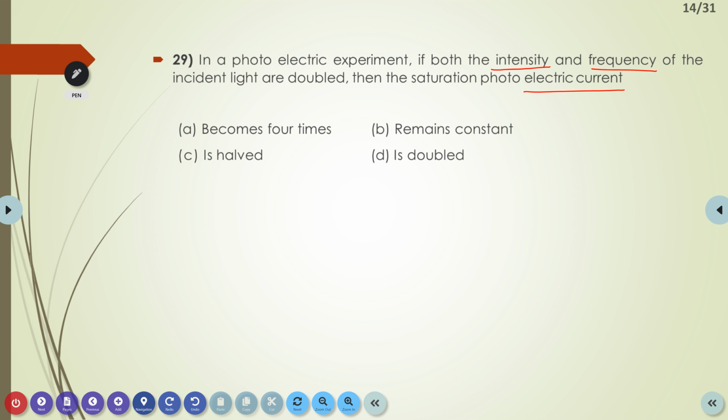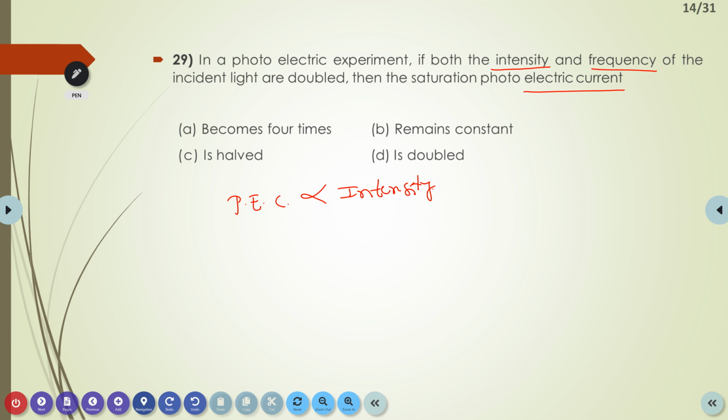Remember students, photoelectric current is directly proportional to the intensity of the light. If intensity increases, photoelectric current also increases. But it does not depend upon the frequency.